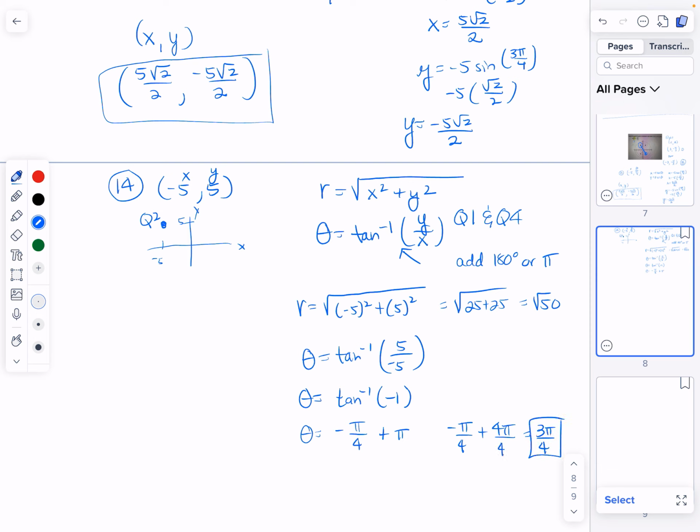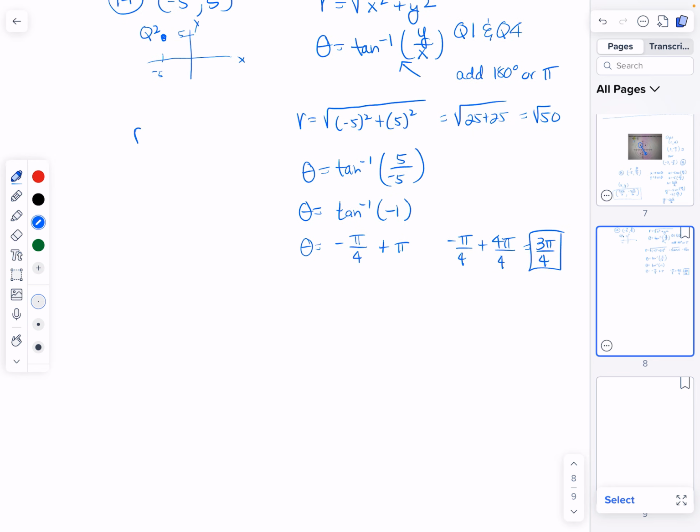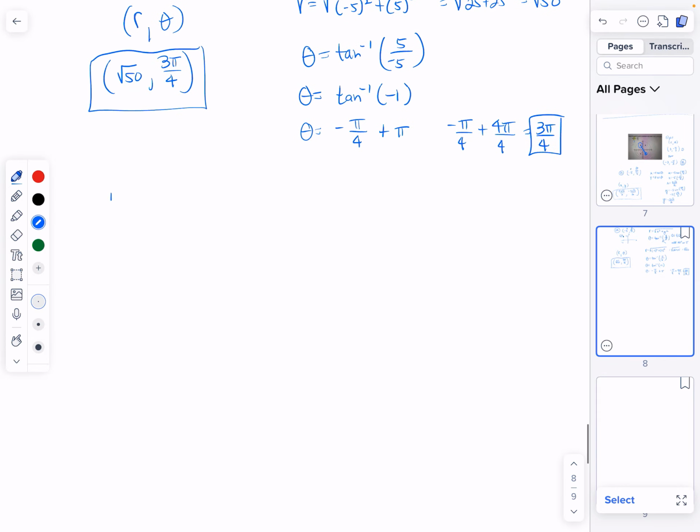That is the quadrant 2 angle. Okay? So remember, in polar coordinates, it's r, theta. So r is the square root of 50, comma, 3 pi over 4. Done. Okay, and that was question 14. Let's move on to 15.